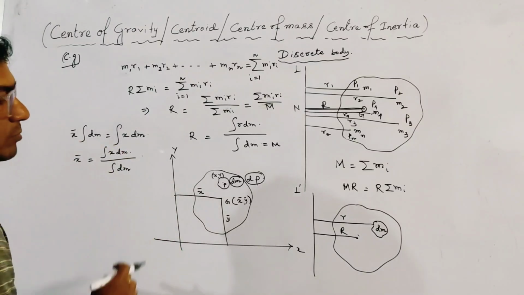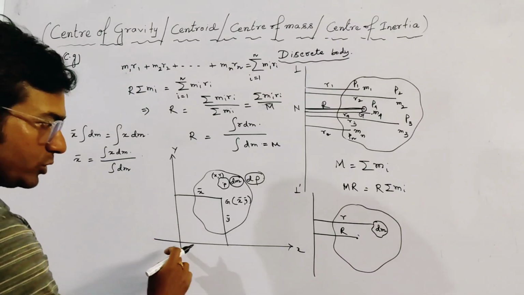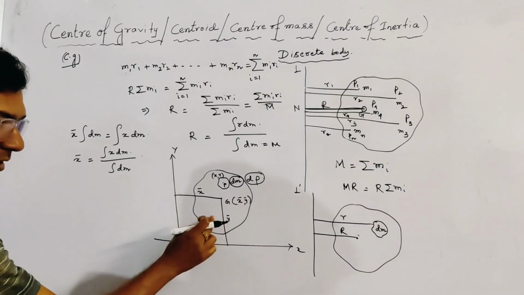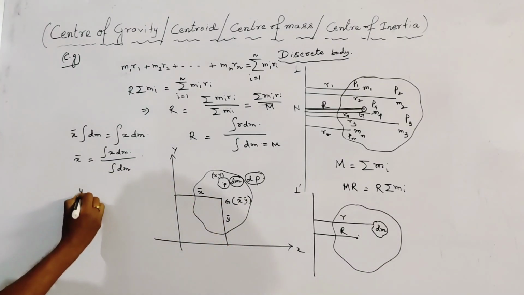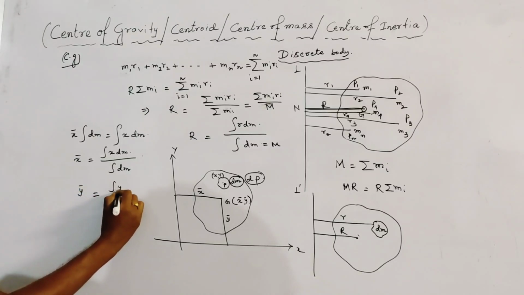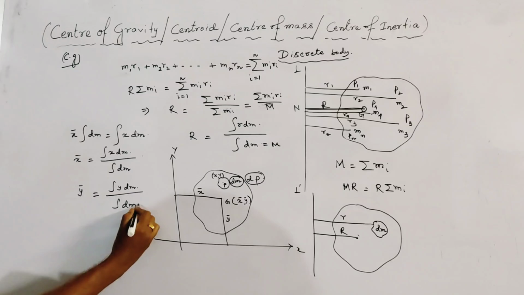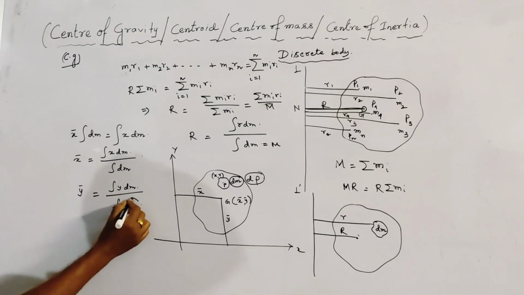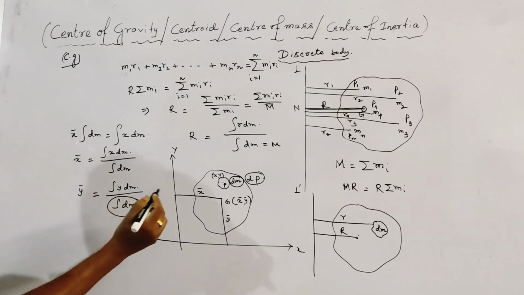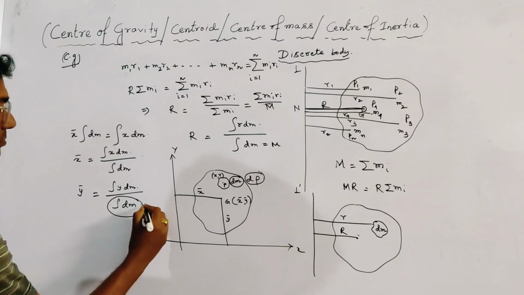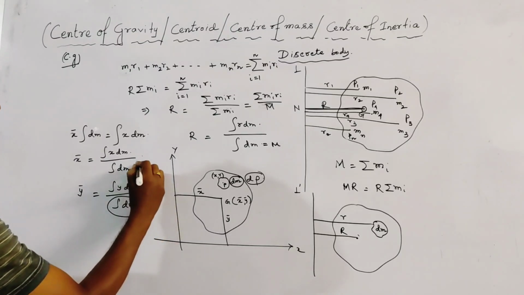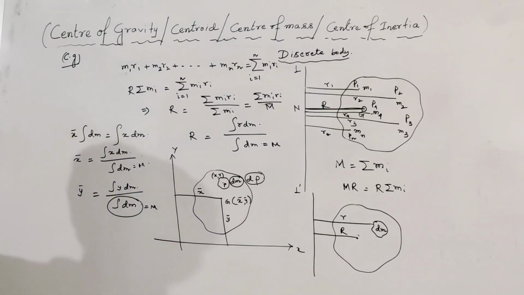Similarly, if we take moment about the x axis, we find y bar equals integration y dm by integration dm, where dm integrated is the total mass of the body, capital M.